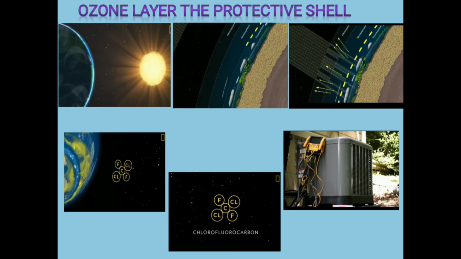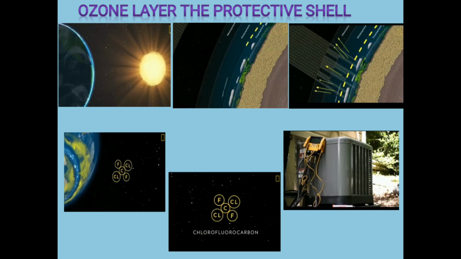This layer is very important for all living beings. The ozone layer absorbs ultraviolet rays coming from the sun, which are very harmful for all living beings.